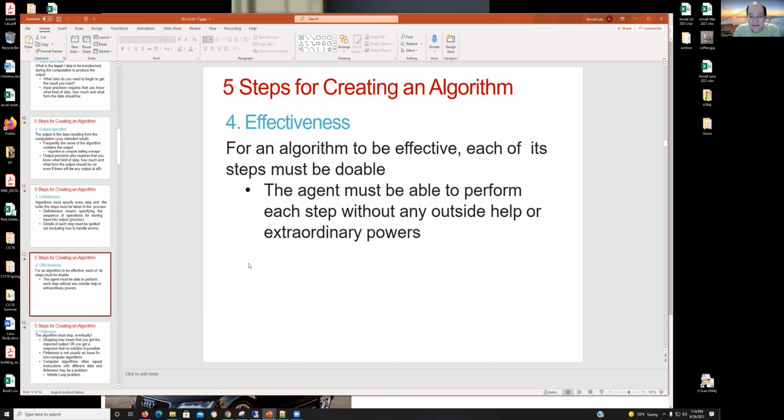Right, and then how effective, right? Yeah, so the agent, right, or the computer must be able to perform each step without outside help, okay, or extraordinary powers, let's say, right?